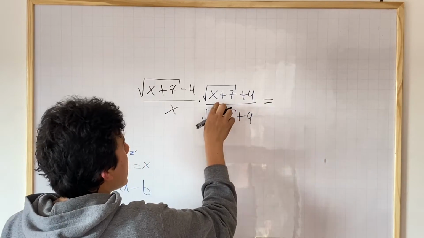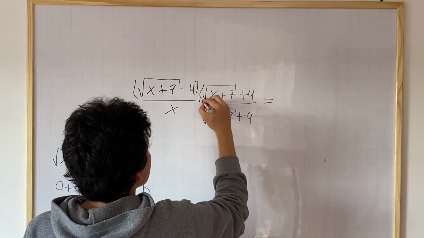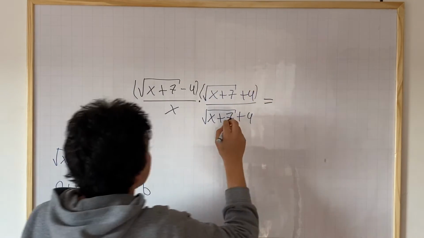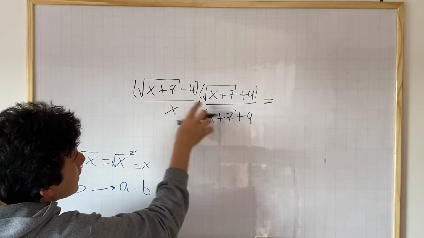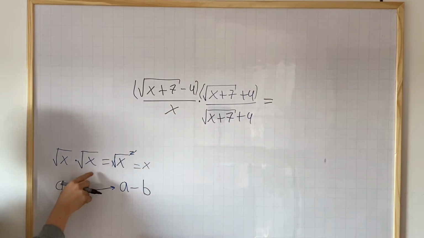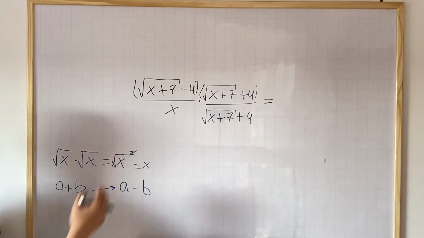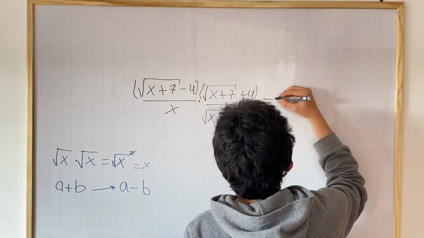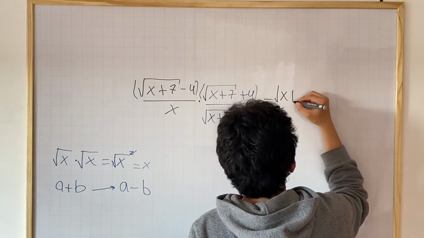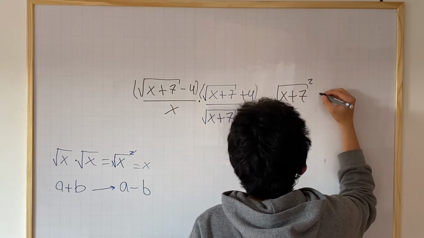So what we would have in this case is we can FOIL these two expressions. The first two terms would be a multiplication by this and this. Eventually, the two radicals, since they would go to an exponent of 2, they would cancel out. So we get the square root of x plus 7 squared.